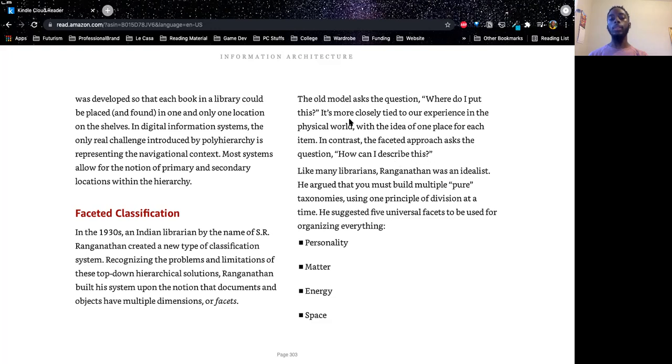Interesting. So the old model asks, where do I put this? Because it's only one of that item. But the faceted approach of the new model is more about how do I describe this? And that's especially important as you get into different customers, different audience groups, different people coming into your website who need to understand what message you're trying to send.